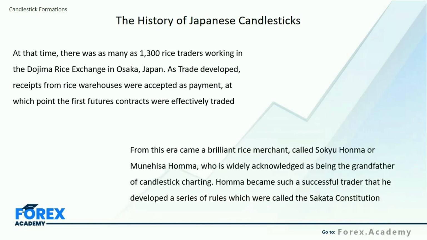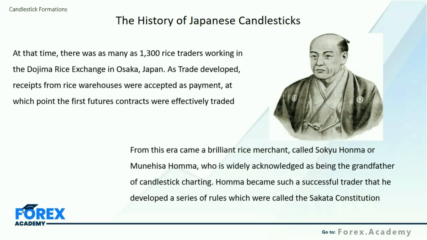That's quite significant because from this era came a very brilliant rice merchant, whose name was Sokyu Honma, or Munehisa Homma for many in the West. Homma was widely acknowledged as the godfather of candlestick charting.